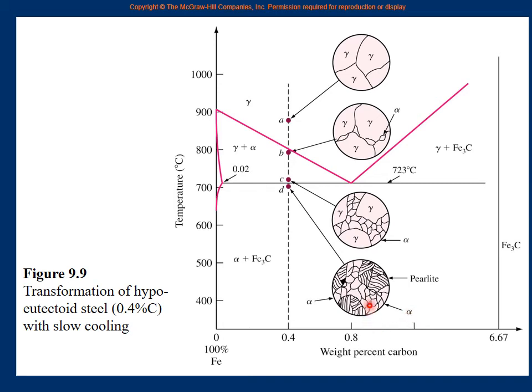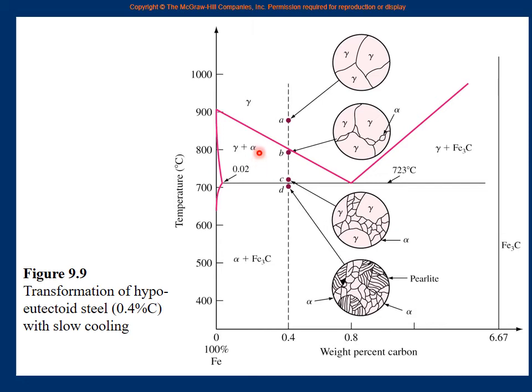You are showing the pro-eutectoid alpha, and you are showing the eutectoid alpha and the eutectoid cementite, and together they are the perlite, right? So whatever phase forms above this temperature is the pro-eutectoid, and here for this example, at A it is all gamma, at B or C it is gamma plus alpha.